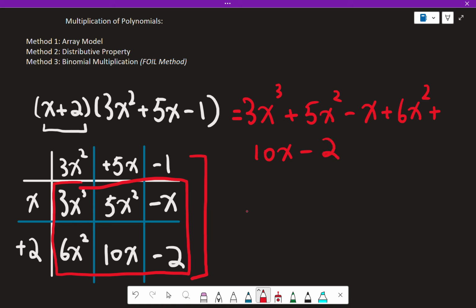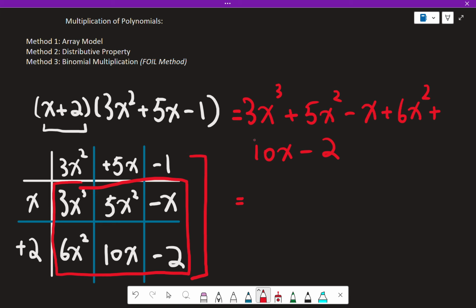Now we can just combine like terms. And let's recall that like terms are two terms that have the same variable and the same exponent on that variable. And the coefficients of those two terms may not necessarily be the same.